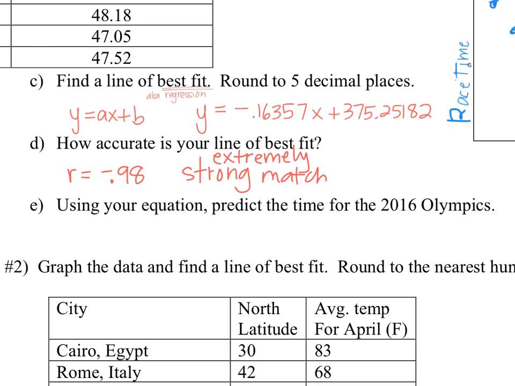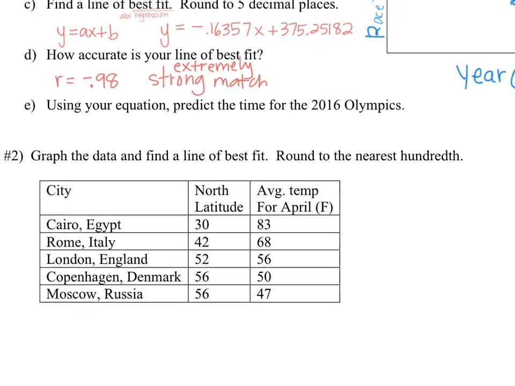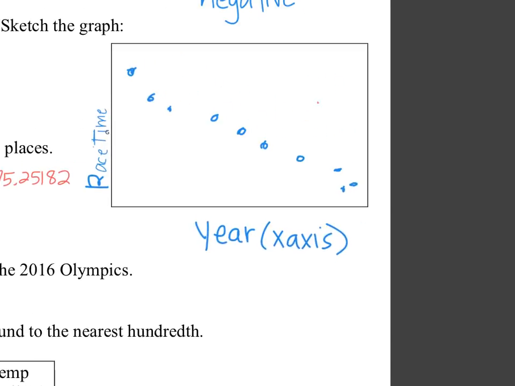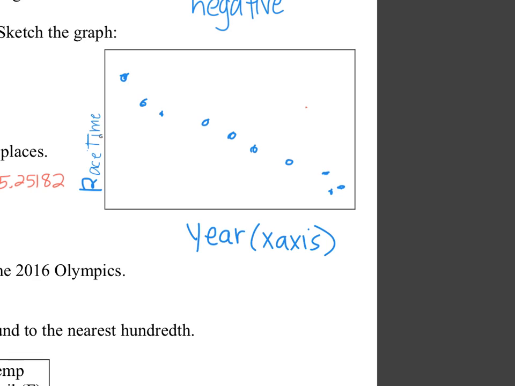All right, let's finish letter E. Okay, oh yeah, draw that trend line on your picture. Okay, trend line. Try and do it as straight as you can. Mine didn't turn out quite as straight, but your trend line, like I said, it's not going to hit all the points, but it'll hit most of them to the tune of 98% accuracy.